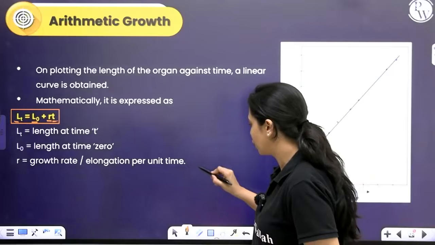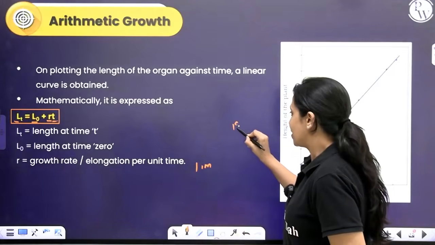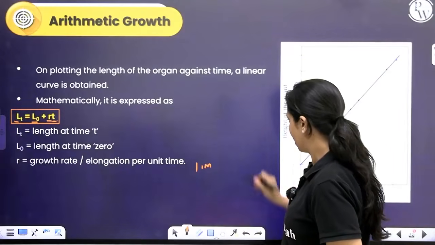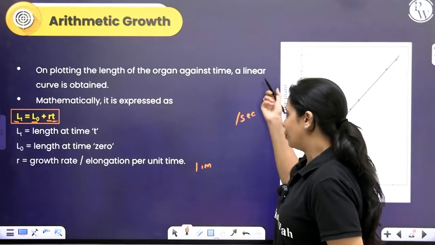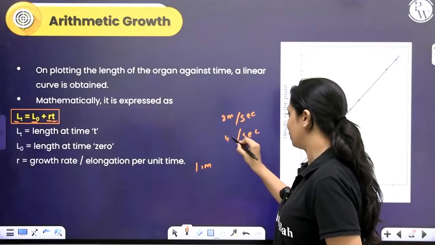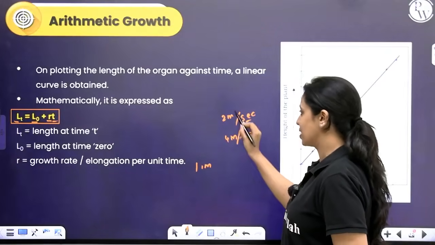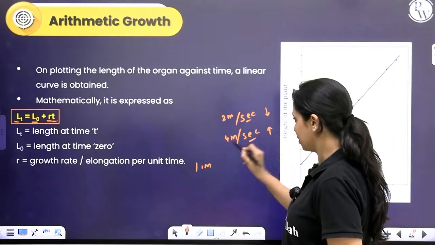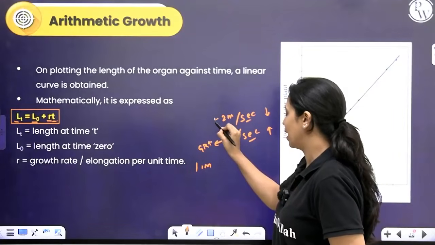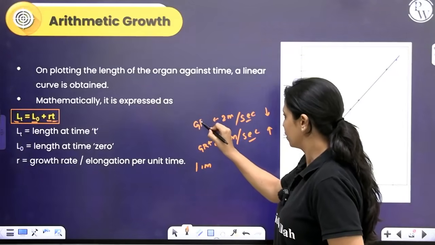Okay, so when you started off, let's say the root was just 1 millimeter. With every passing second, in one case 2 millimeters is increasing, in the other case 4 millimeters per second is increasing. The time duration is the same, but the increase in the length is greater here, less here. So this will definitely have a higher growth rate, and this will have a relatively lower growth rate.